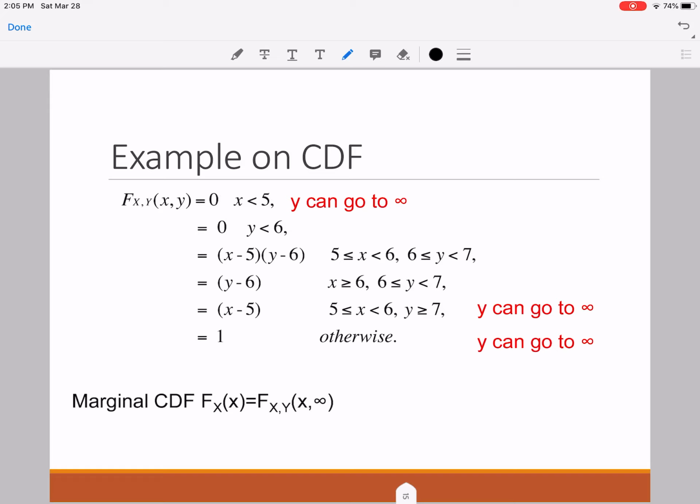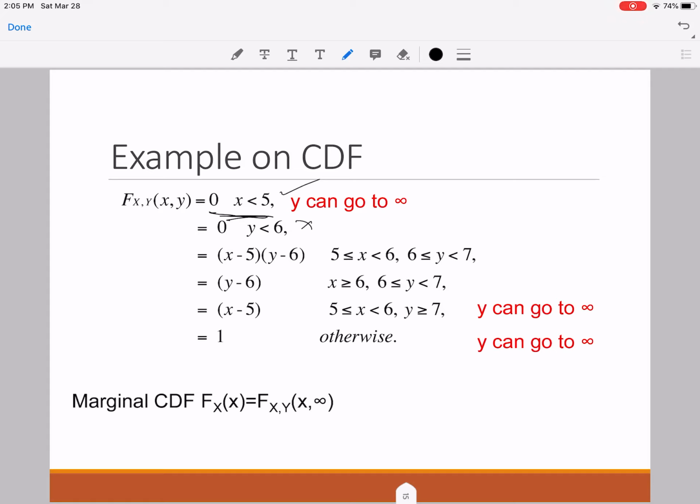Now let's say that I would like to get the marginal CDF of x. To get the marginal CDF of x, I need to disregard the random variable y by setting it to infinity. So I'll look into this joint CDF and see in which pieces y has the scope to go to infinity. Y has the scope to go to infinity right here, because this statement only depends on x being less than 5, so y can go to infinity here.